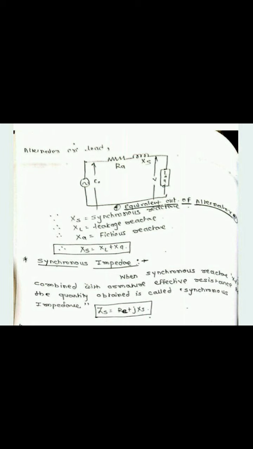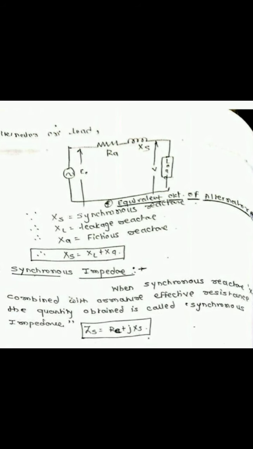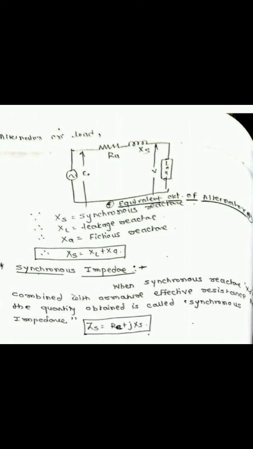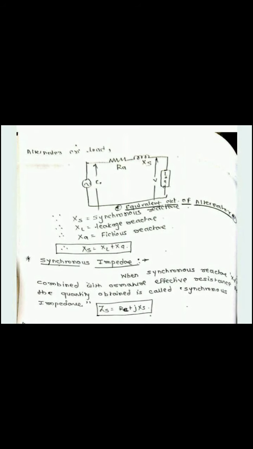Therefore ZS is equal to RE plus jXS, where RE is the armature effective resistance, j is the imaginary part in concern with complex numbers, and XS is the synchronous reactance. So ZS is equal to RA plus jXS or RE plus jXS.